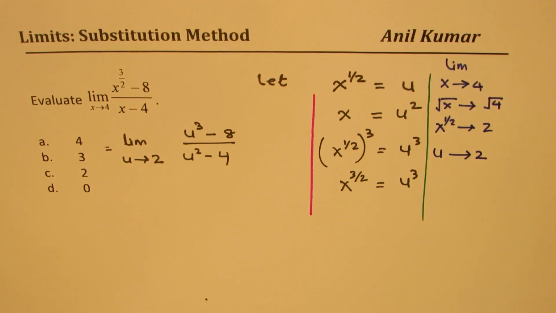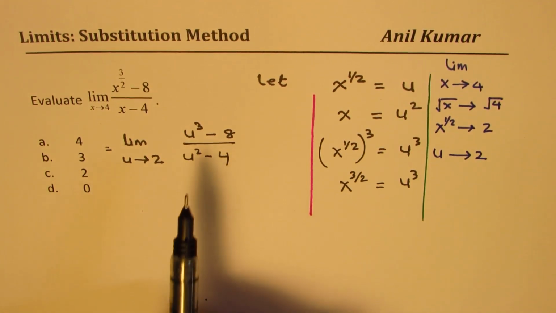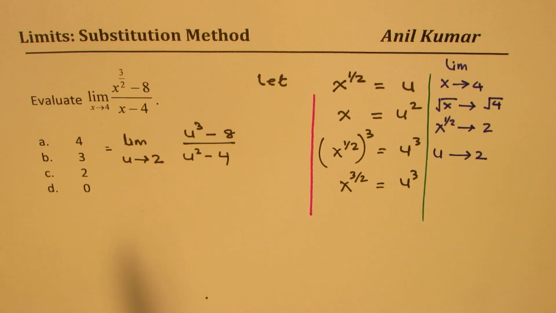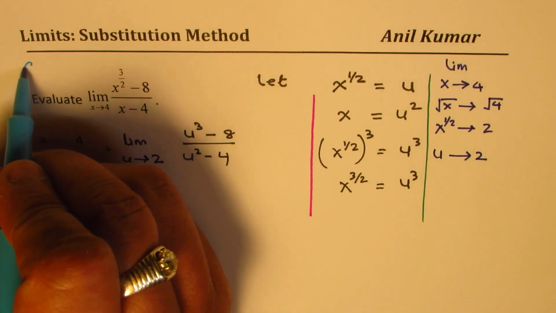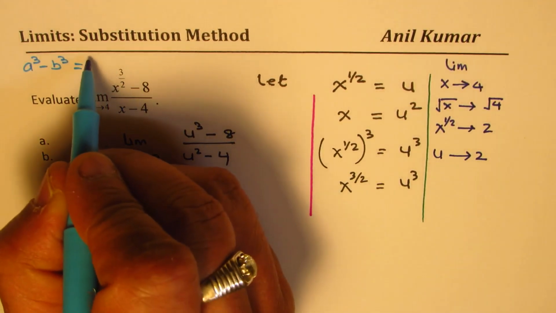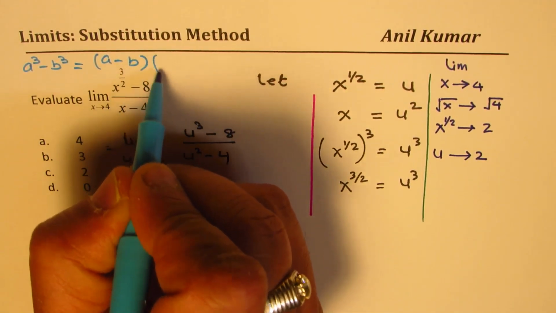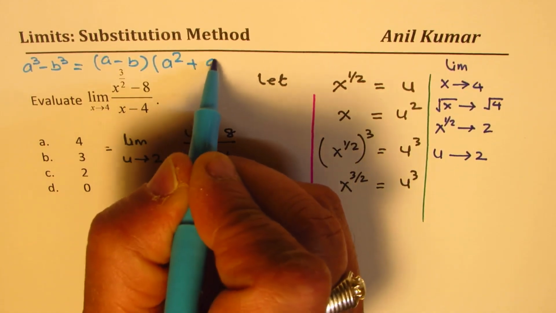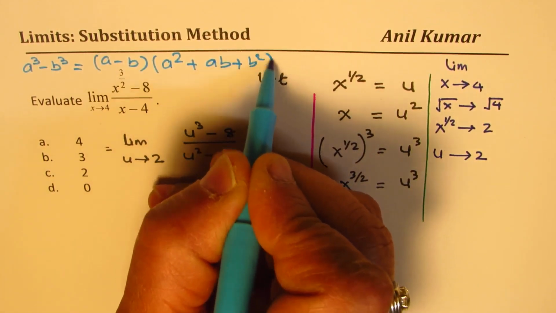Perfect. Now it is much simpler. We can factor numerator and denominator. Well, do you know what a cube minus b cube is? Let me share the formula with you. a cube minus b cube equals a minus b times a square plus ab plus b square, correct?